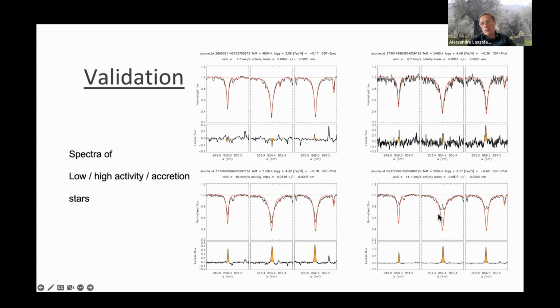And in the bottom right panel, you have a case of a known pre-main sequence star in which the core of the line goes into emission, and here the corresponding alpha value is reported together with the fundamental parameters of the star, the source of the spectrum, the source of the input parameters, and the value of v sin i that was adopted to broaden the theoretical spectrum.